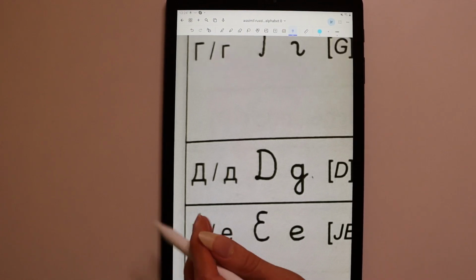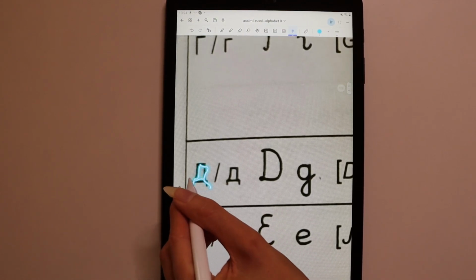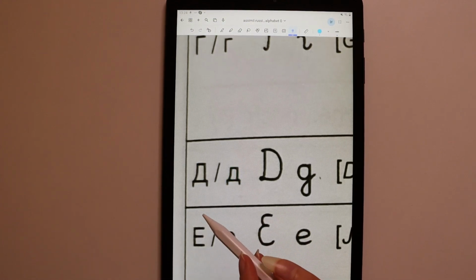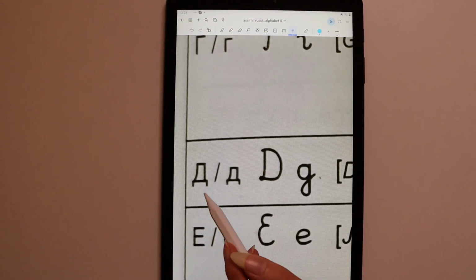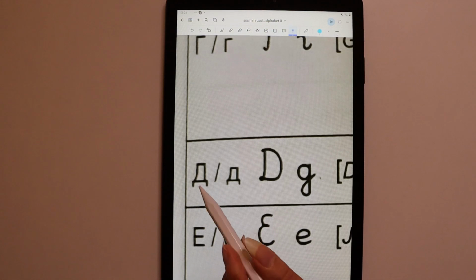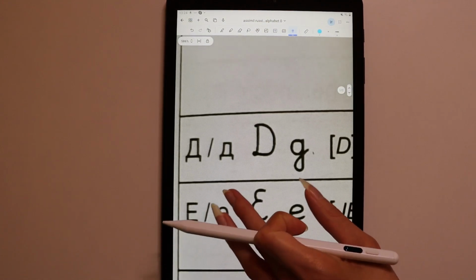Now we have the D, and this is a really characteristic letter for Russian, I feel like a lot of people, when they see this letter, think about Russian. And again, the letter looks exactly the same, no matter if it's lower or uppercase, but it is a bit smaller.